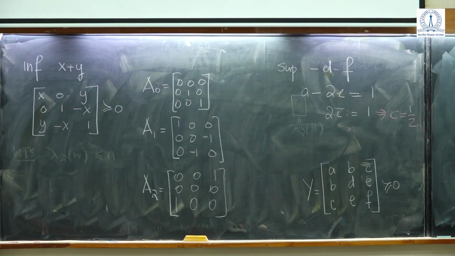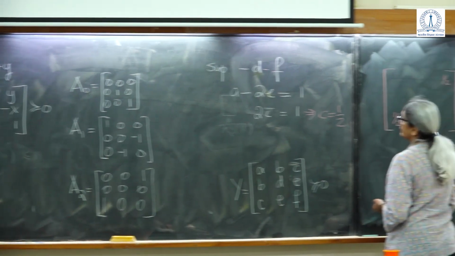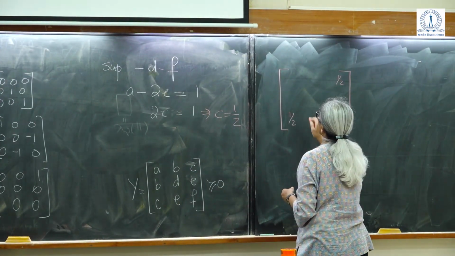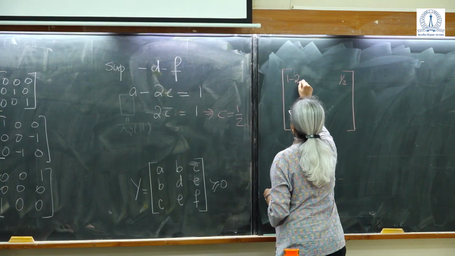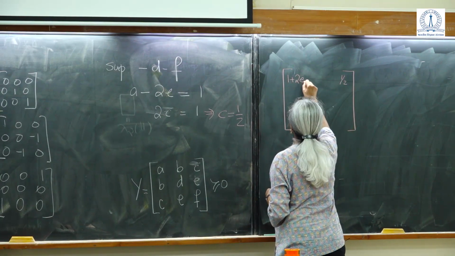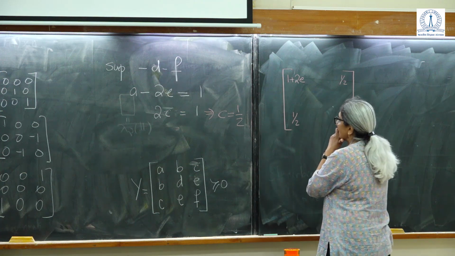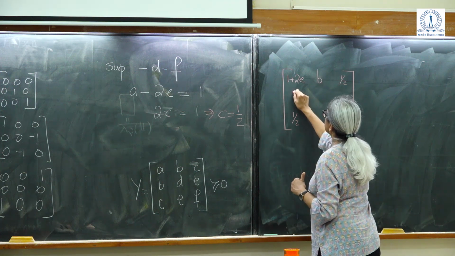So what happens is this Y matrix, we can fill it a little bit. So in the C part, I will get half and half. And then A is equal to 1 minus 2E. So I can write this as 1 plus 2E. So that's A. And then B, we don't know anything about it.